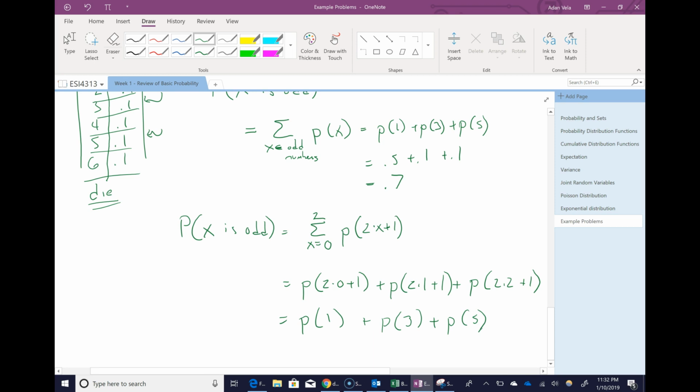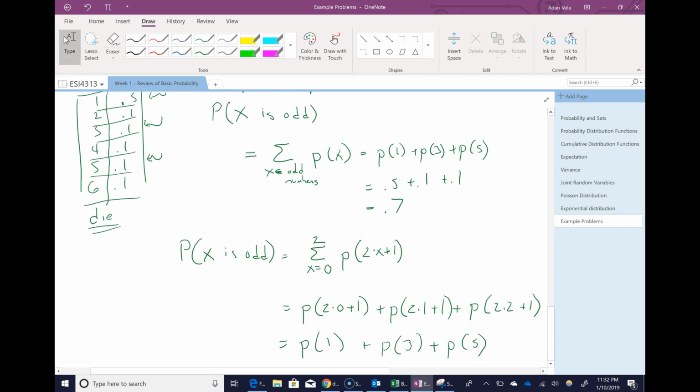So now I'm asking you, what's easier to write? Is it easier to write some funny summation like this, or is it easier to write a summation over a set, right? For me, it seems like it's easier to write a summation over a set. And so that's why I like using this set notation.